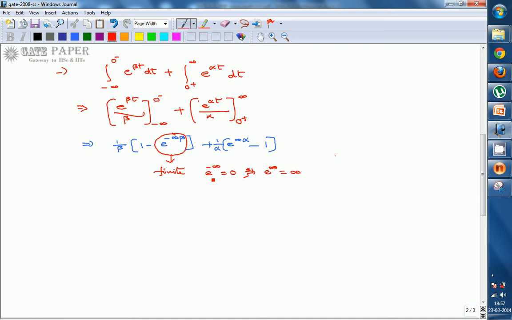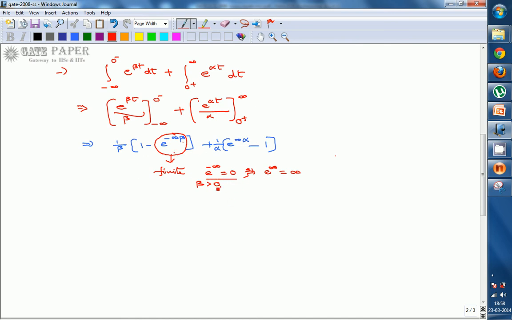So to make this term equal to 0 and the total summation finite, the beta value must be greater than 0. By taking beta greater than 0, we get e power minus infinity, the term equals 0, then this is defined and we get some finite value.